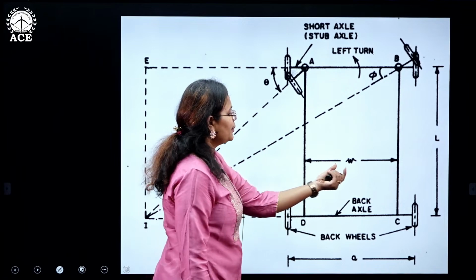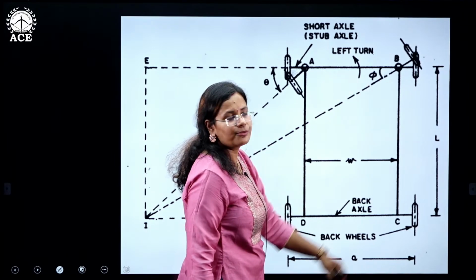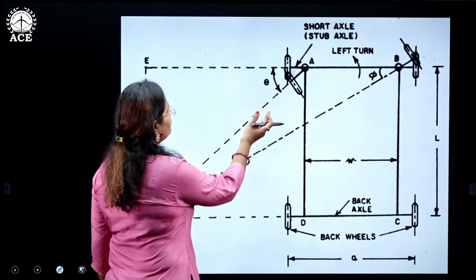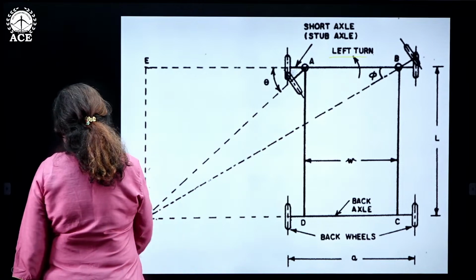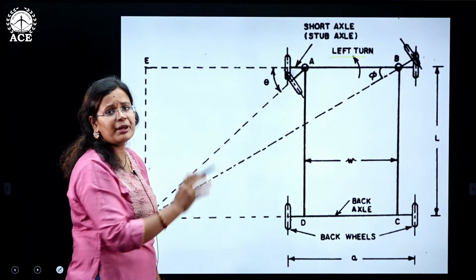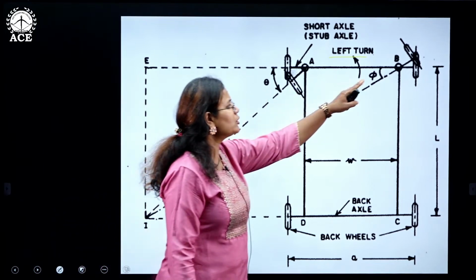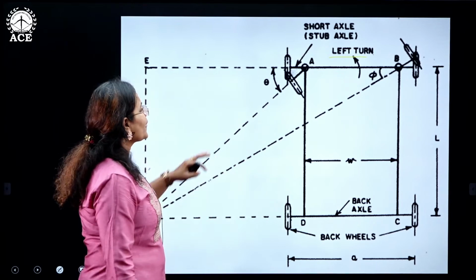W is nothing but the distance between the two pivots. L is taken as the wheel base. And whenever it is taking a left turn, the inner wheels are making theta angle and the outer wheels are making phi angle. Just a revision.